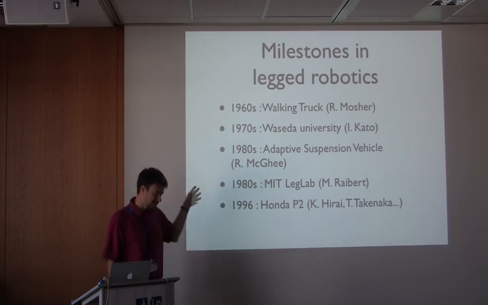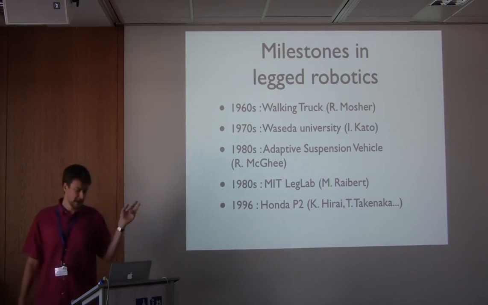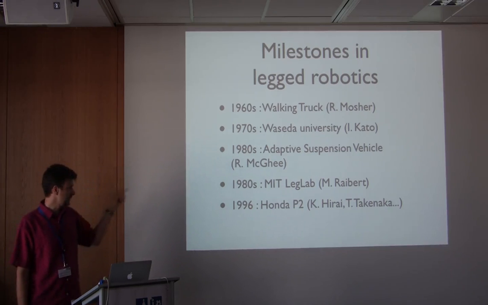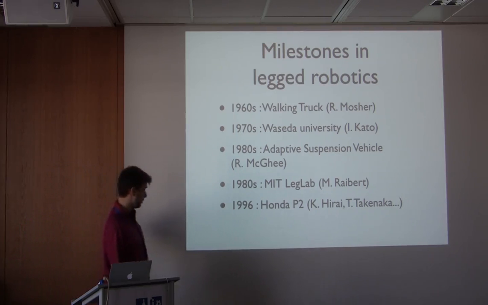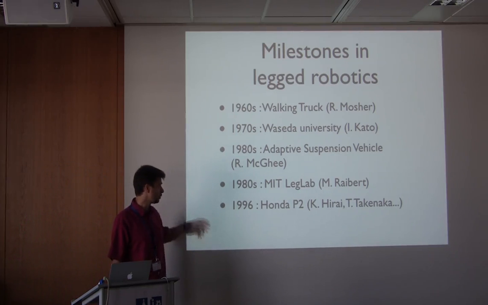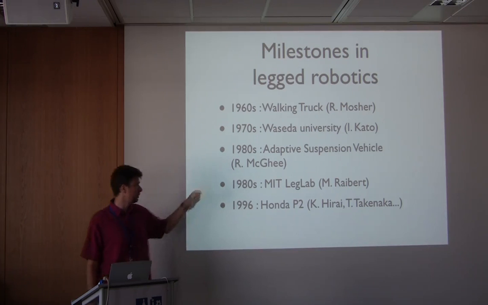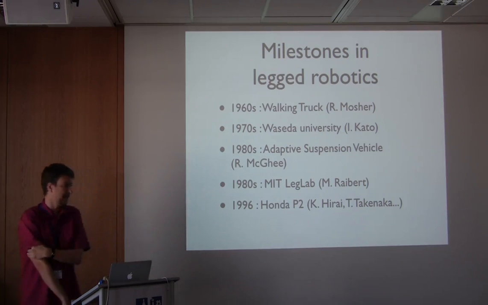And it was in the beginning of the 80s that at Tokyo University, I don't mention it in the written notes, you had the first truly dynamic walking biped robot. So it was 30 years ago. But what's even more impressive was the work done by Marc Raibert in the MIT Leg Lab.